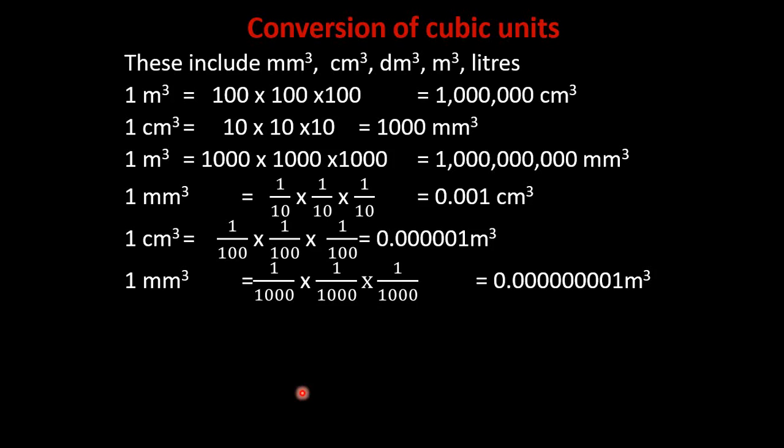The zeros are too many there, so if you know the standard form, it's always advisable to put this in standard form, so that you just have something like 1 times 10 to the power negative 9.